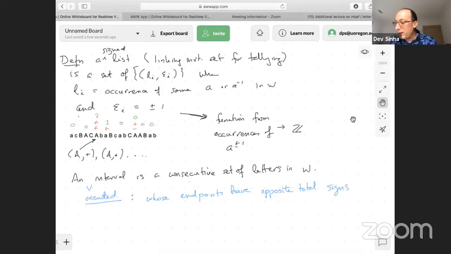And then the orientation of the interval is equal to the sign of the initial letter.